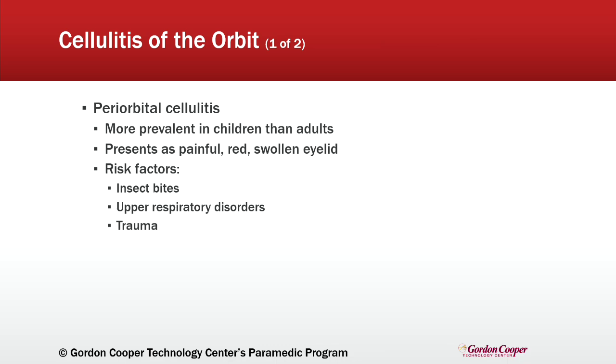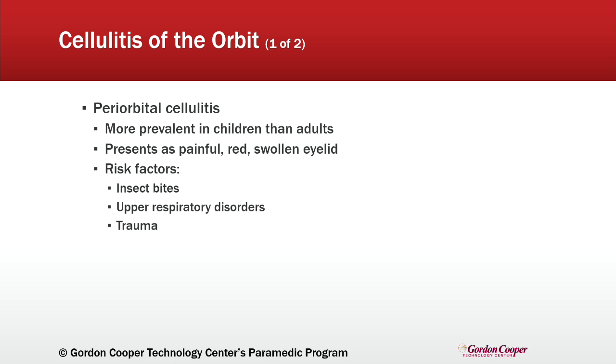Cellulitis of the orbit is often caused by Staphylococcus or Streptococcus bacterial infections. This is more common in children than adults. It can also be referred to as preseptal cellulitis or eyelid cellulitis.